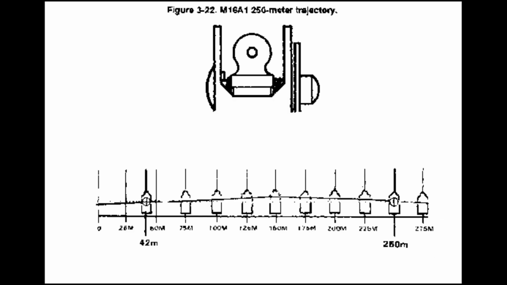Once zeroed at 25 meters with the L or long range sight, merely flipping the rear sight back produces the then doctrine specific 250 meter zero. In other words, the regular aperture, not the L aperture, but the regular one, if you do this procedure correctly, you walk away with a 250 meter zero. That's all well and great as long as everyone only uses an M16A1 and iron sights and nothing else.